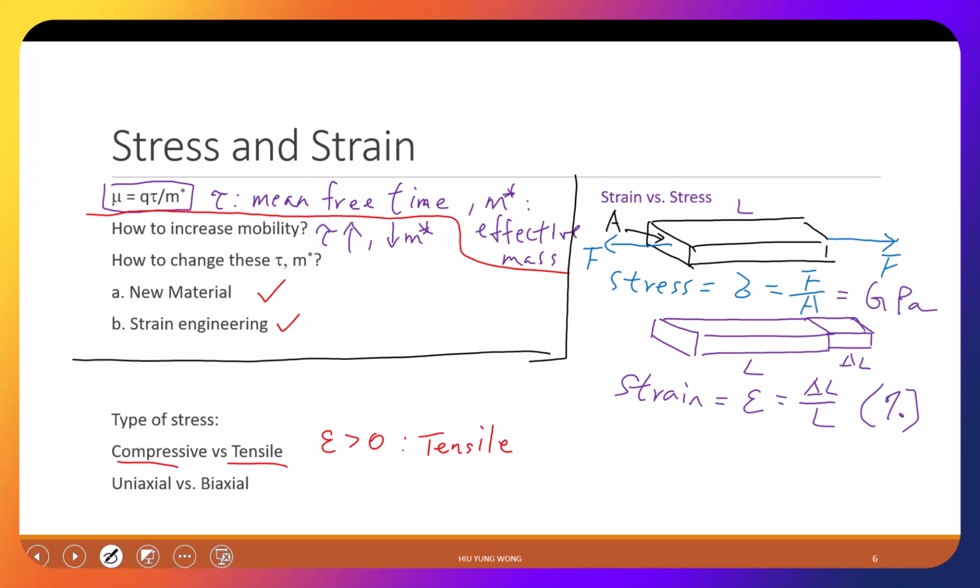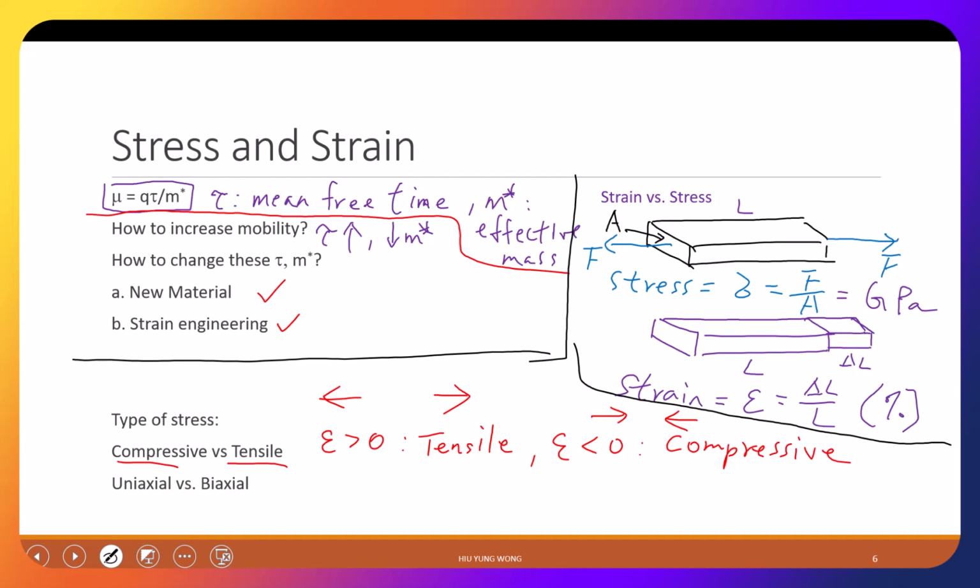You're pulling it away. And when it is less than 0, then this is a compressive strain or stress. So here I have the force going in this direction, and here I have the force going in this direction, like what you said. That's one thing.